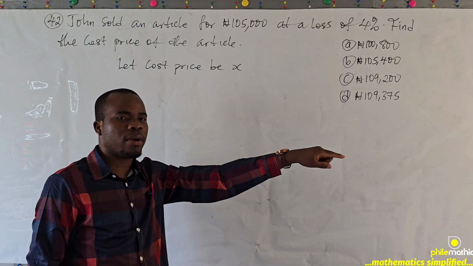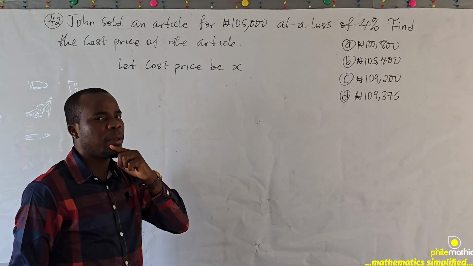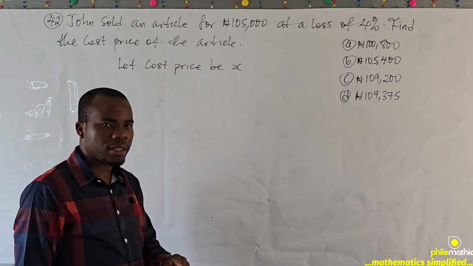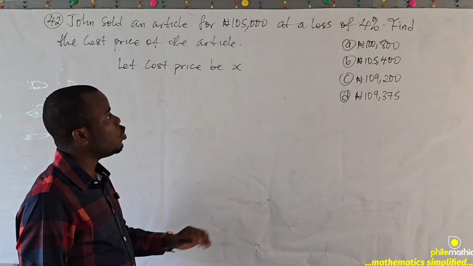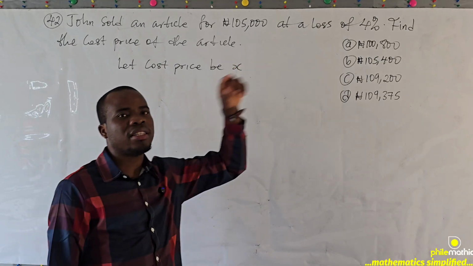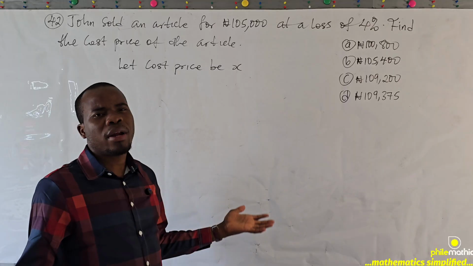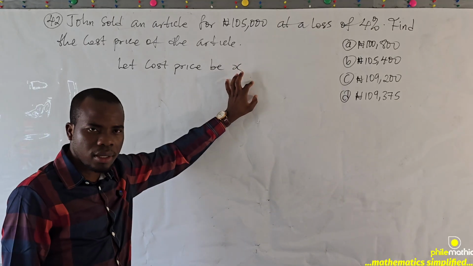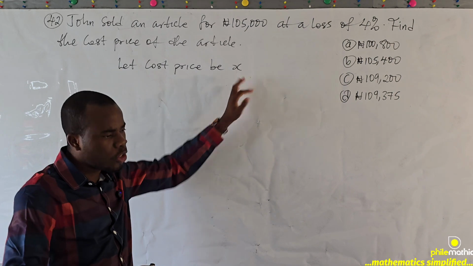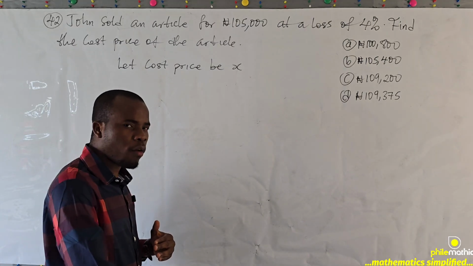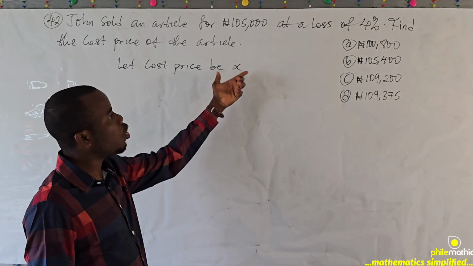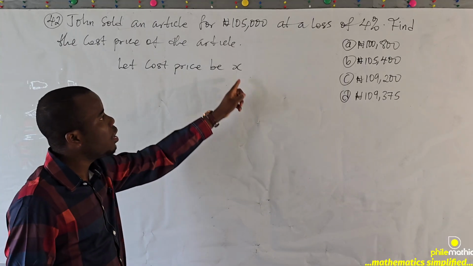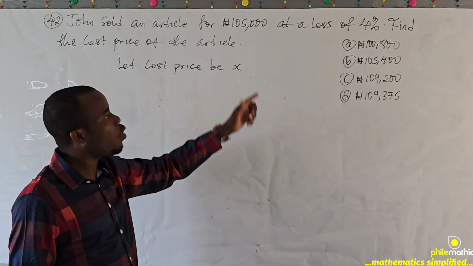That gives you your selling price. Someone is confused. I come again. If you make a profit of 5% and you are given the cost price, you want to find the selling price. The selling price is simply 105% of the cost price. Likewise, if you made a loss of 5% and you are given the cost price, the selling price is simply 95% of the cost price.